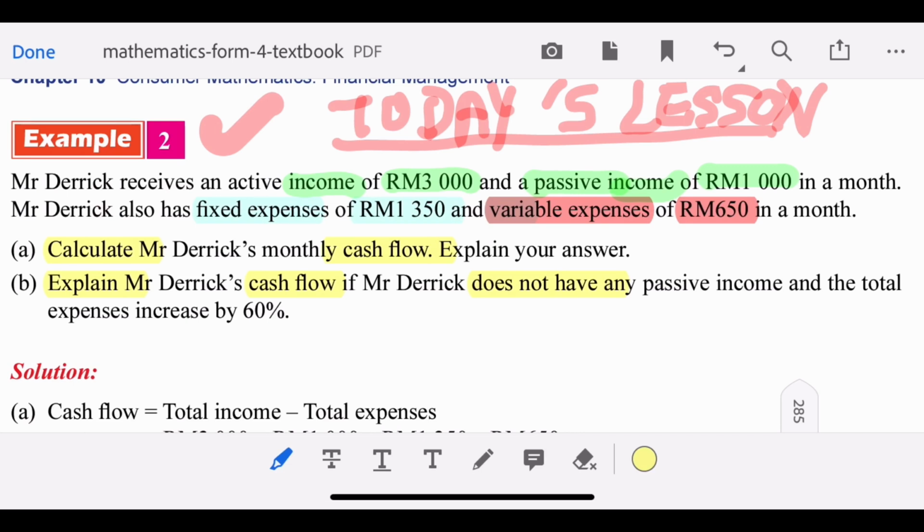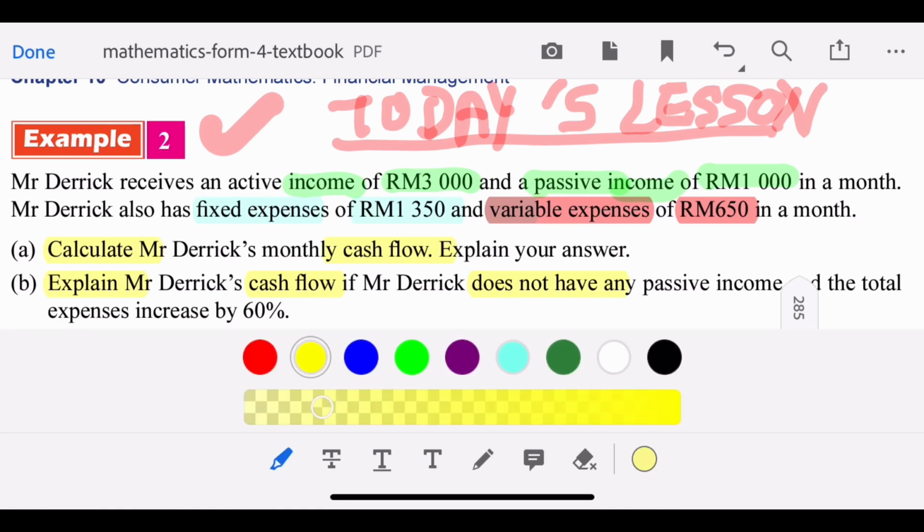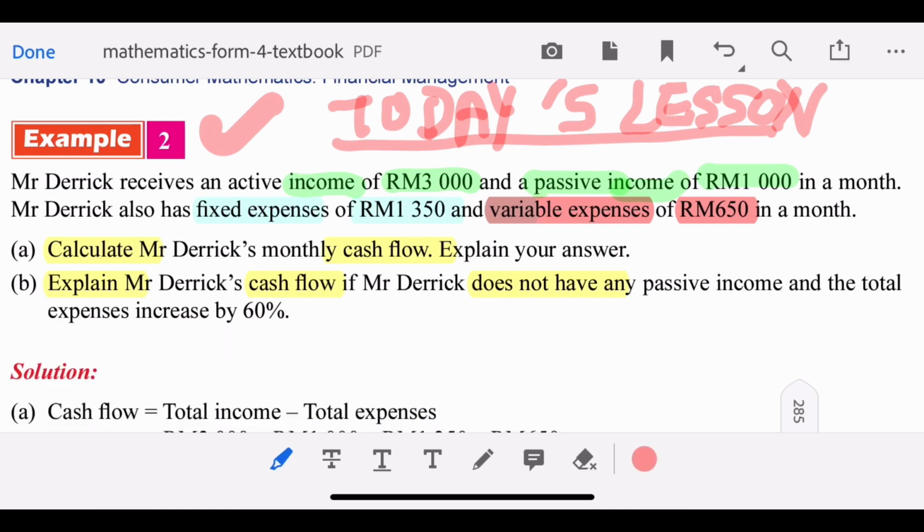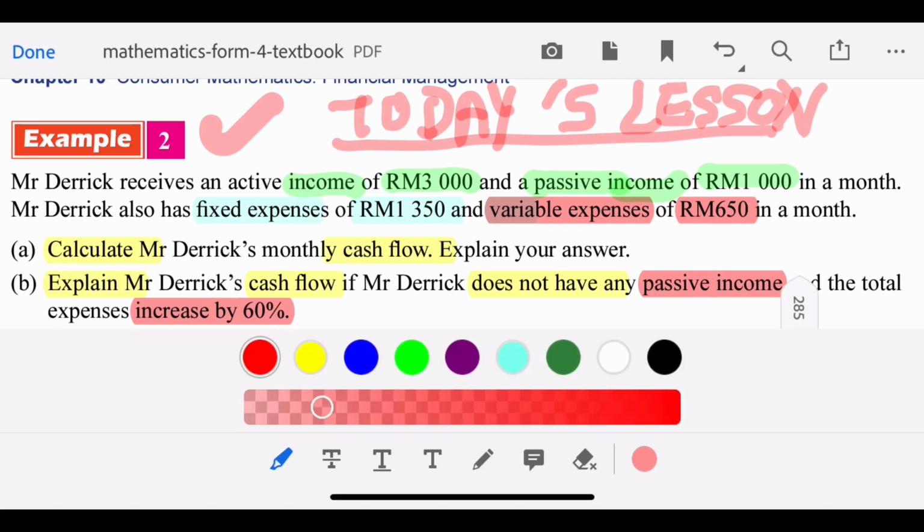So we plus the income and then we minus the expenses. According to the formula, cash flow is total income minus total expenses. Please memorize the formula.